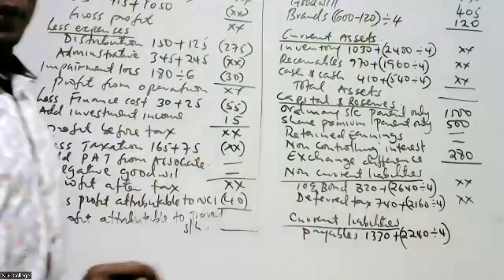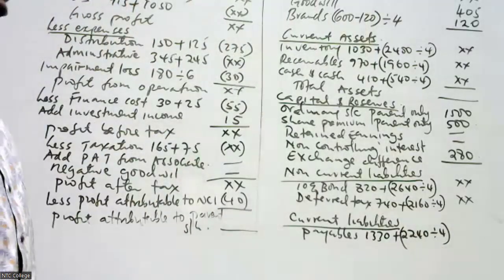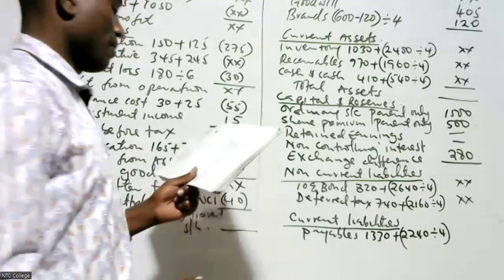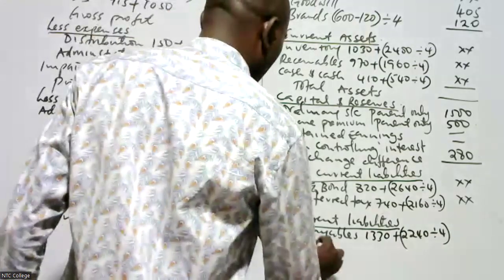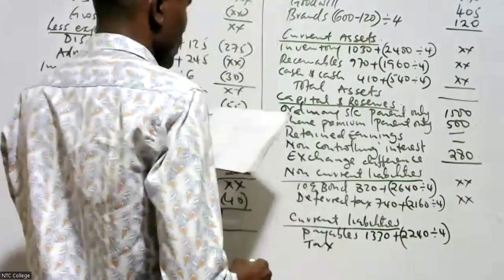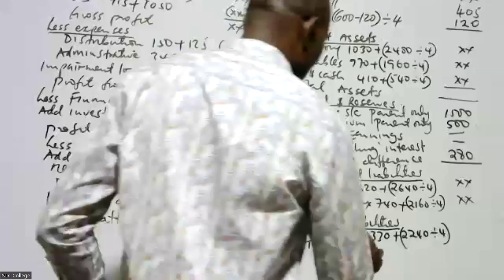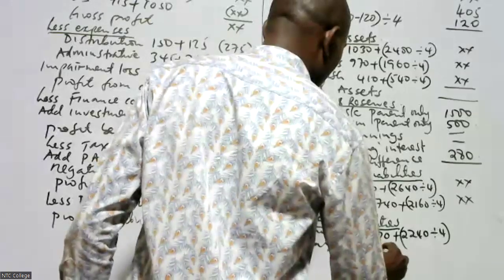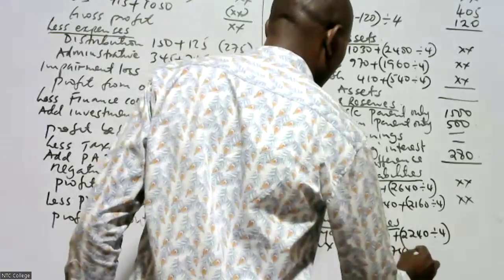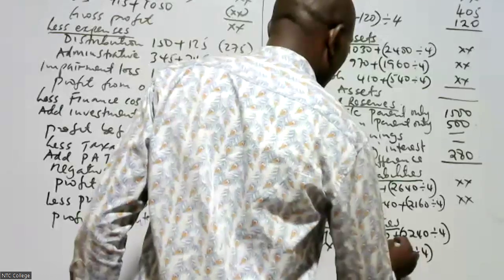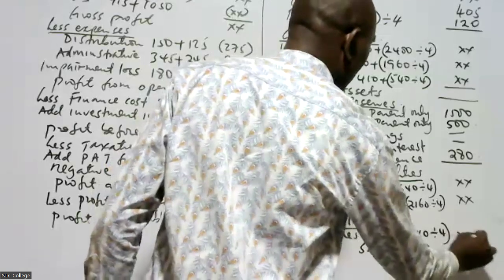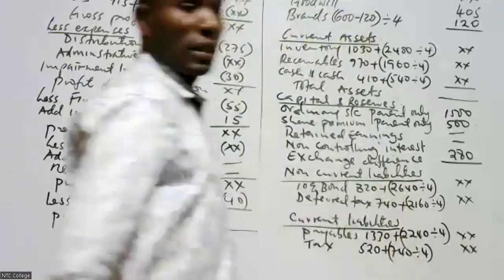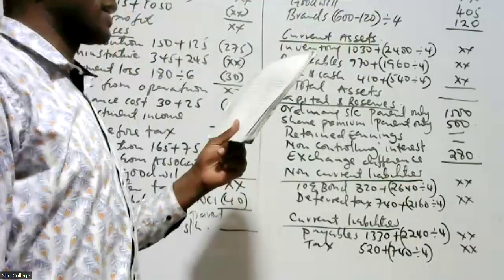All assets and liabilities, closing rate. Then we have tax, 520 plus 740 divided by 4. Just like that. Then we are done.